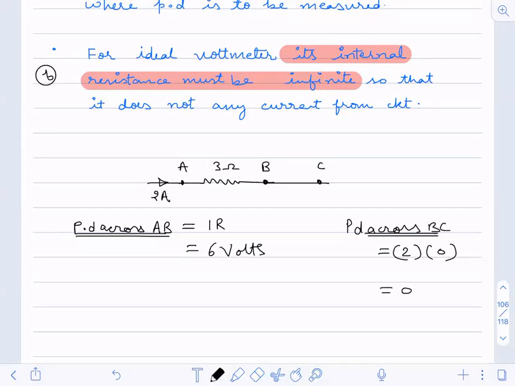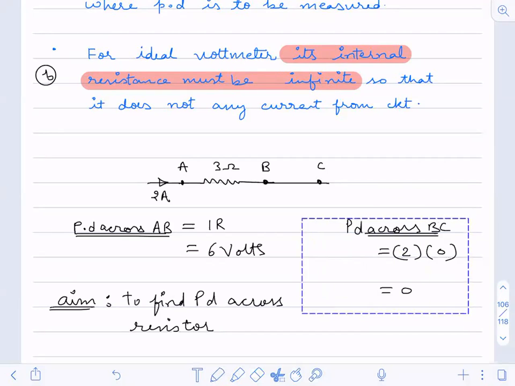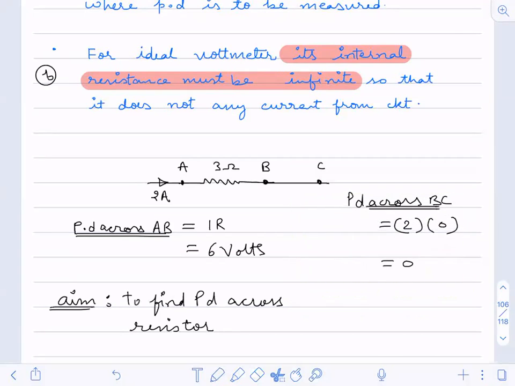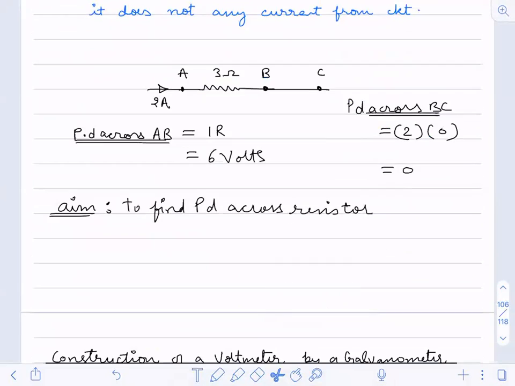Now, what is our aim? Our aim is to find the potential difference across a resistor. Now where are we going to put this voltmeter?